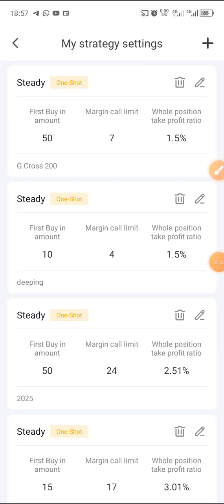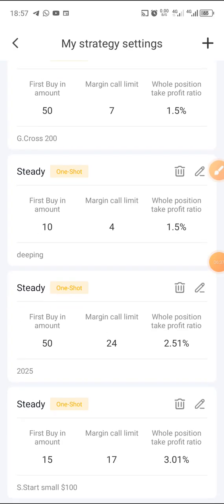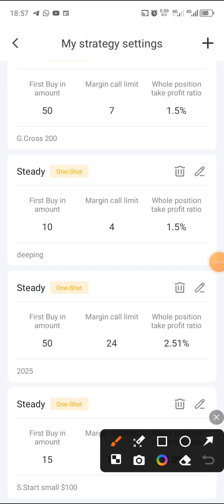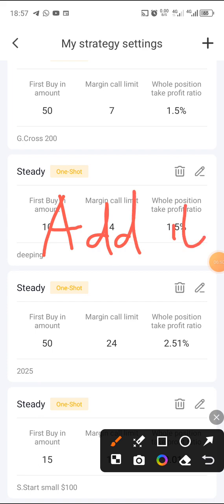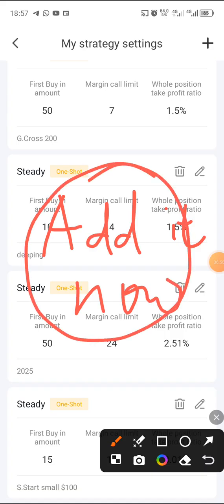Now, if you are new and you don't have any saved strategies, because for me I already have these saved strategies. If you don't have any saved strategies, you'll find a word called add it here or add it now. Okay, so you click on add it now and you begin.